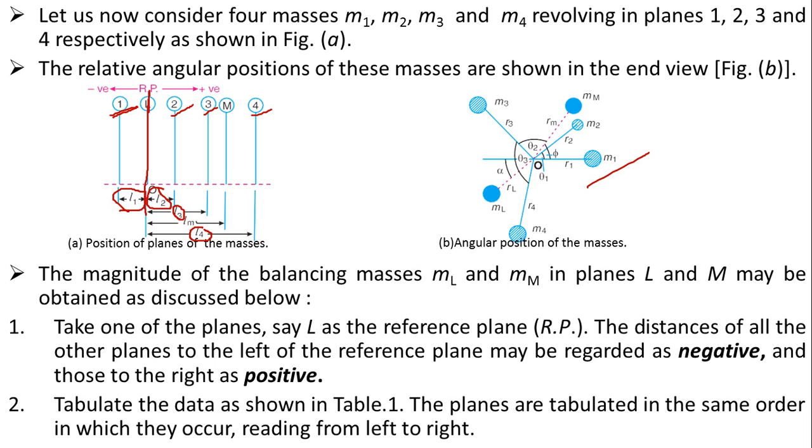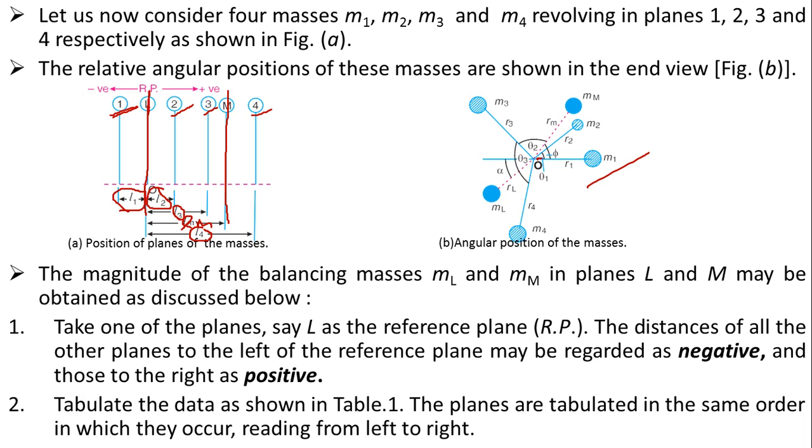So we have taken the planes L and M respectively, and we have taken L as the reference plane. If you take L here, then for mass M also you have to take one reference plane. Let us take it as LM. The same thing is shown in this angular position.